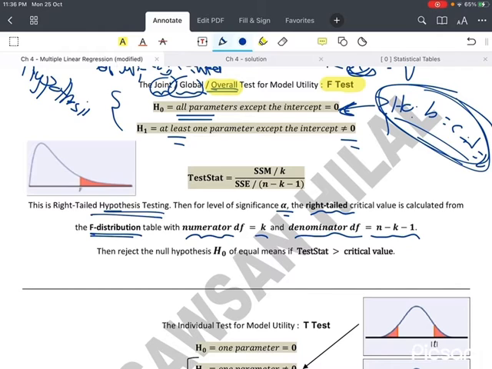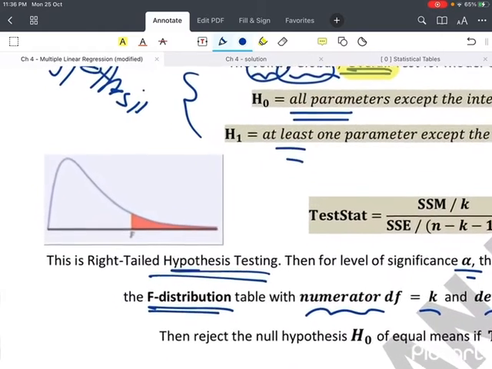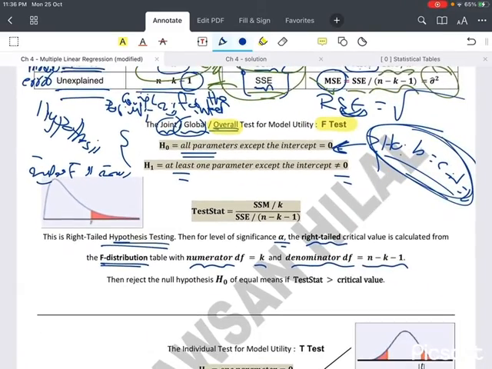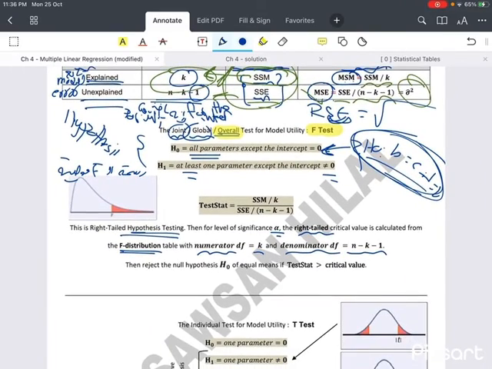How? This tail, okay, tells me that the F test must be positive, so I drew the F positive. All the time the F will be positive. It is not the same as the T. The T you can find it like this, and the Z also.